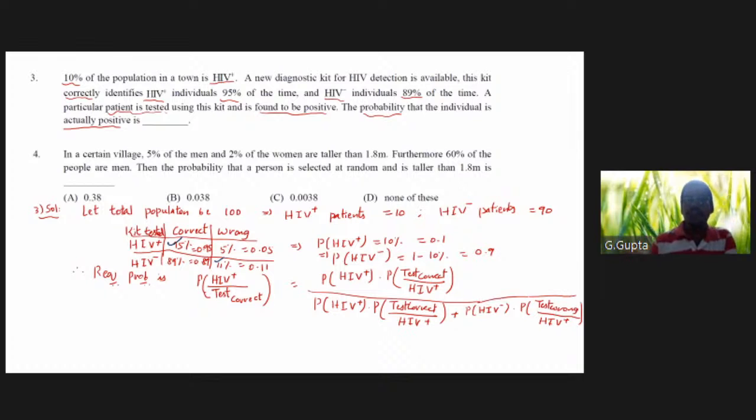So HIV negative patients test given wrong means automatically this is positive. So this is HIV plus, how much? 0.1. Test correct given HIV plus 0.95, whole divided by 0.1 into 0.95 plus HIV negative is 0.9 into test wrong. Sorry, this is HIV negative, it's not plus. Kindly excuse me. This symbol is negative.